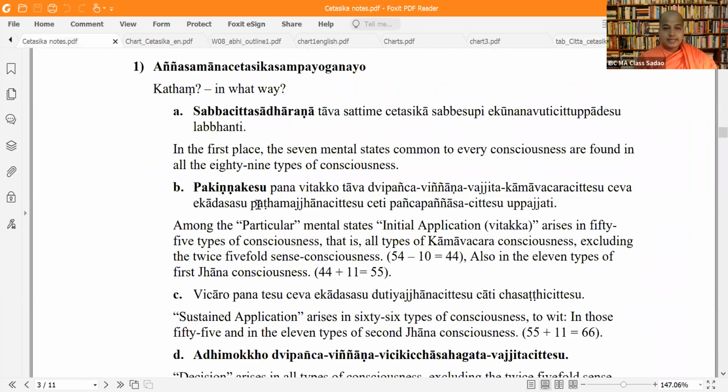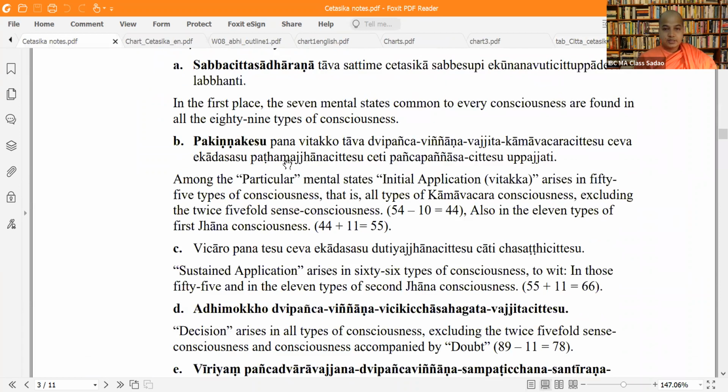What about Pakinnaka? So there are 6 Pakinnaka. Pakinnakesu pana vitakko tava dvipancha vinyanam vajjita Kamavachara chittesu cheva ekadasasu patamajjana chittesu cheti pancha panyasa chittesu uppajjati. What it says here is that among the Pakinnaka Chetasika, initial application, that is vitakka, arises in 55 chittas.